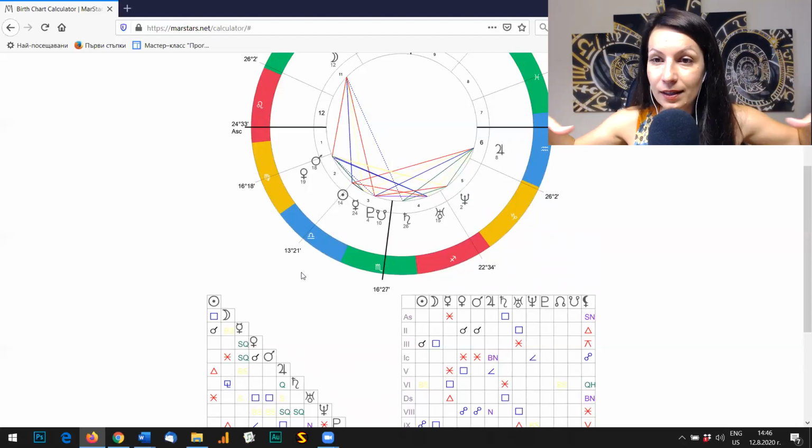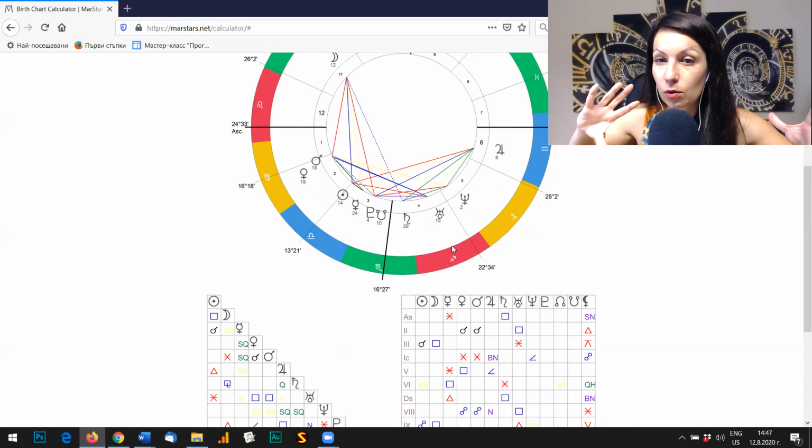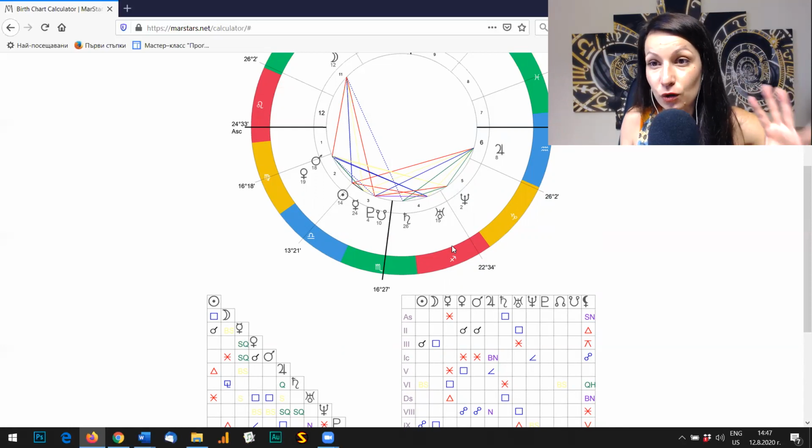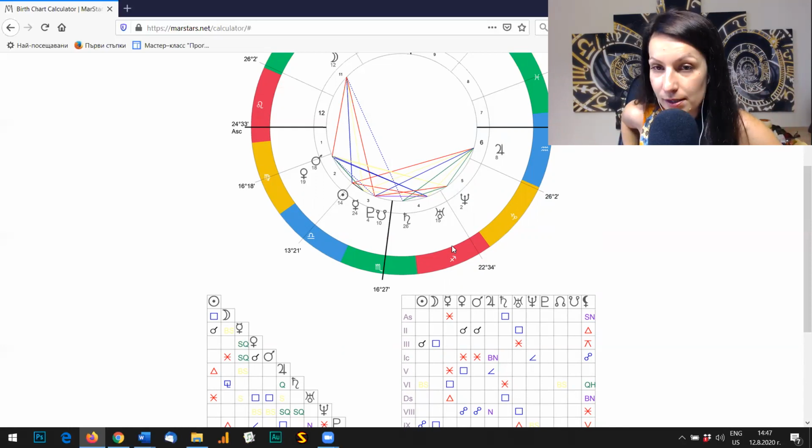Growing, expanding, developing something, and at a certain point you just come and destroy it. So it's possible that the person may create a family, create a home environment, and at a certain point he may decide that it's no longer in alignment with his goals, so he can drastically change it. Drastically.